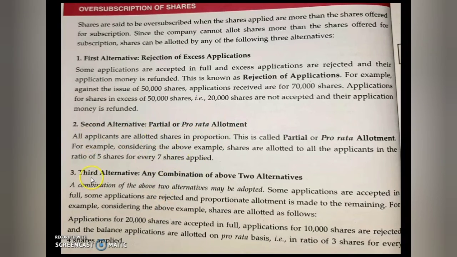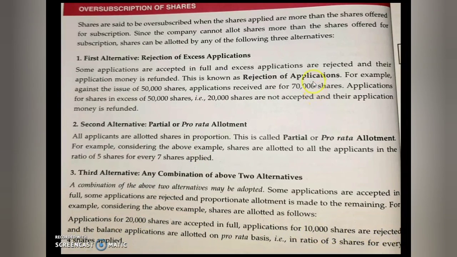And there is a combination here. The third alternative is any combination of the above two alternatives. Some applicants are accepted in full, some applicants are rejected, and proportionate allotment is made to the remaining. For example, consider the above example. Shares are allotted as follows. Applications for 20,000 shares are accepted in full. Applications for 10,000 shares are rejected, and the balance.